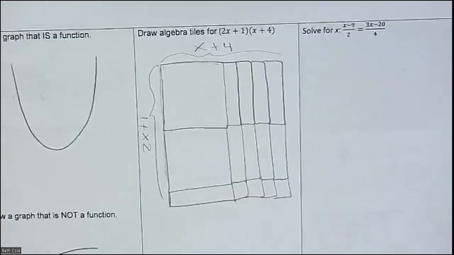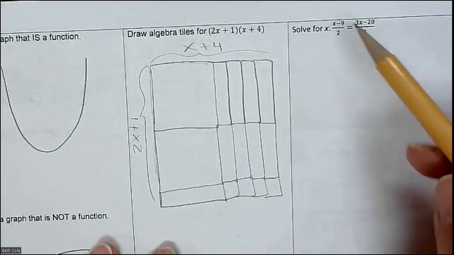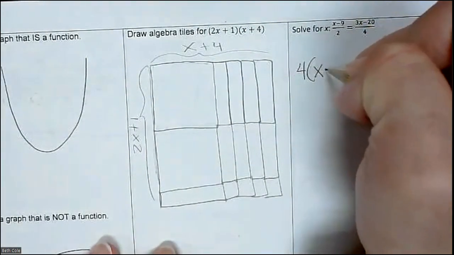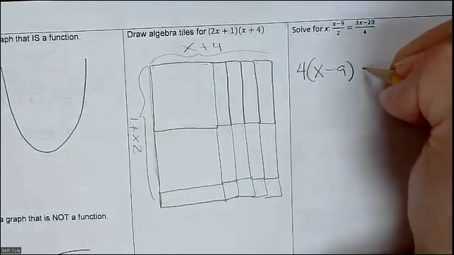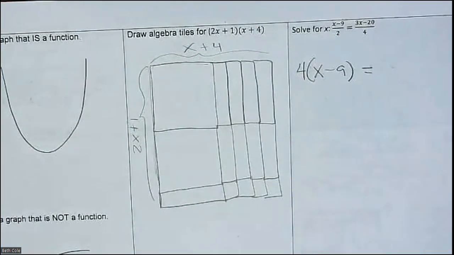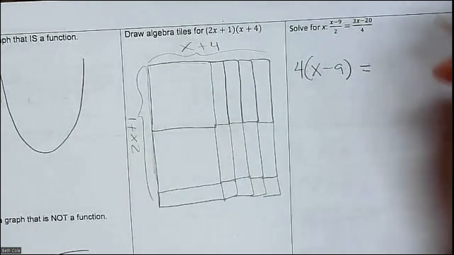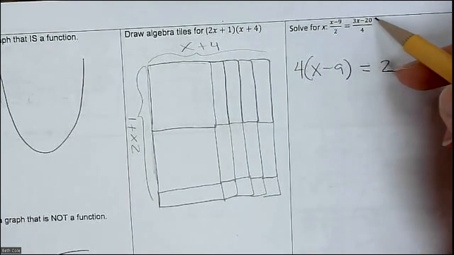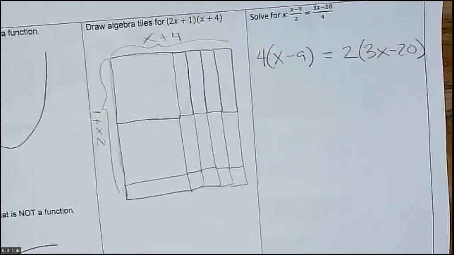All right, and then this last one, you're going to cross multiply. So you're gonna have 4 times x minus 9 and give it a hug. Equals, and then what would you have on the other side of your equation? 2 times, good, and give that a hug as well.